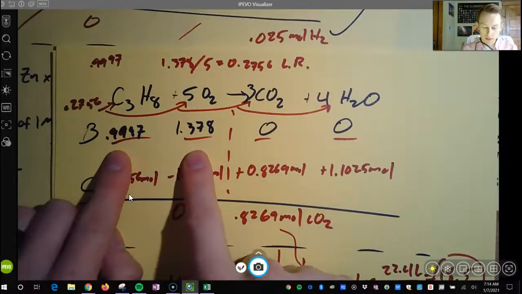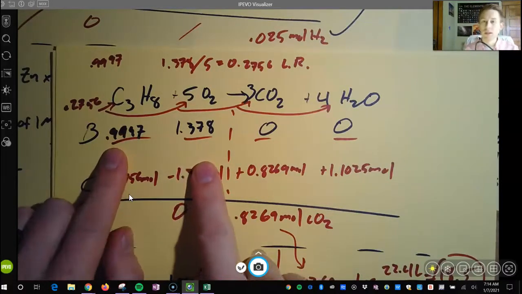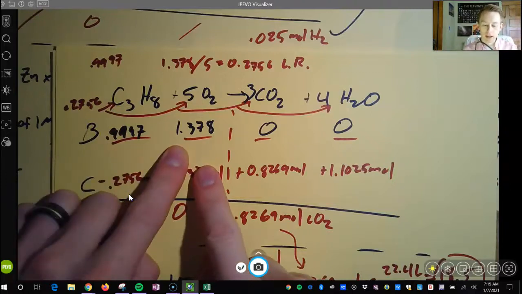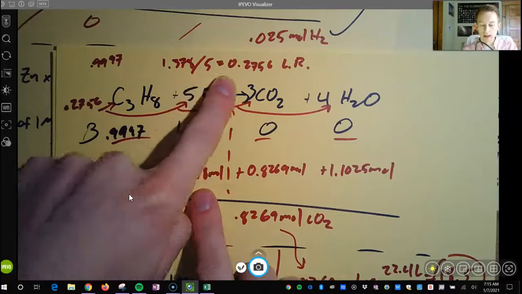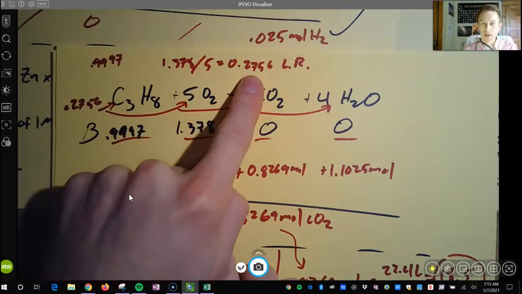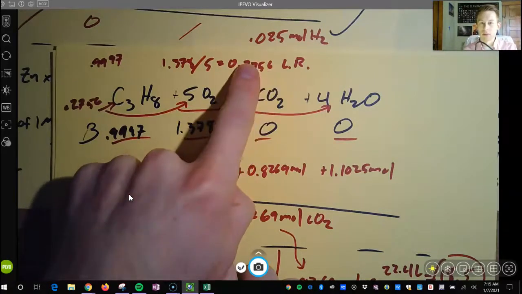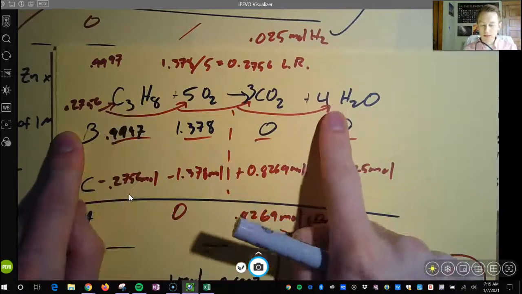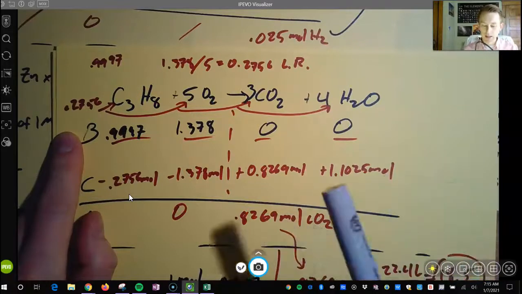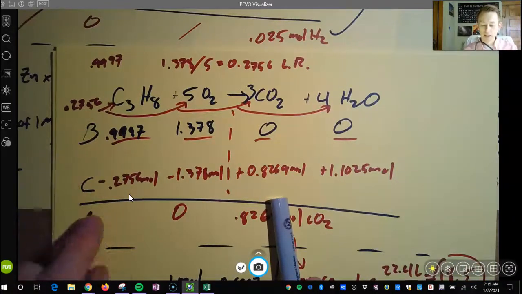Put those numbers into my BCA table. It looked like propane was going to be the limiting reactant, right? But oxygen gets used up 5 times as fast. So in accounting for that, we end up with oxygen as our limiting reactant, and this is our multiplying factor here. So then I multiplied that by each of my coefficients, even though the only one I really needed was carbon dioxide.